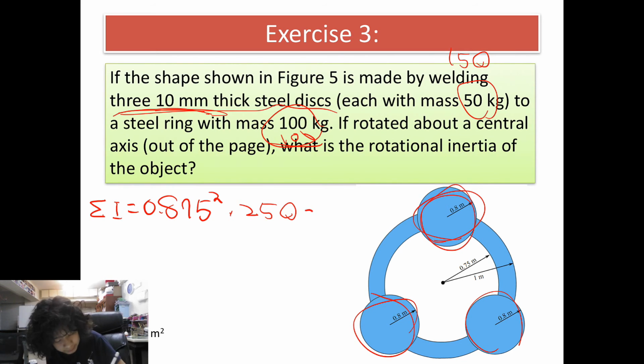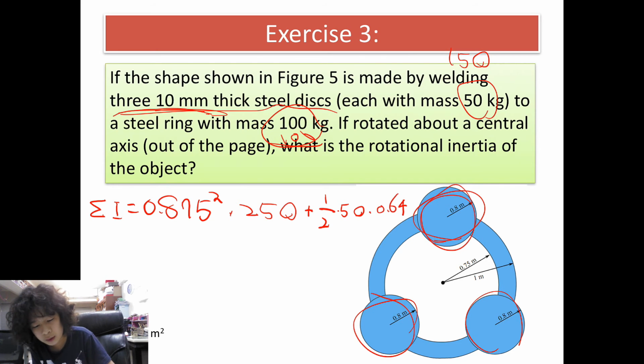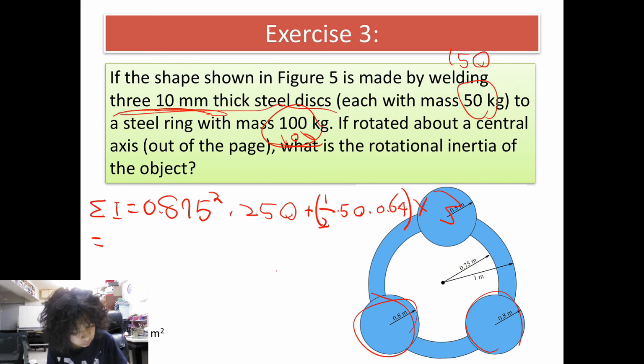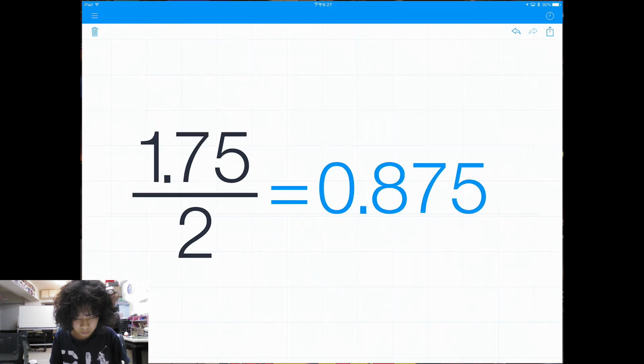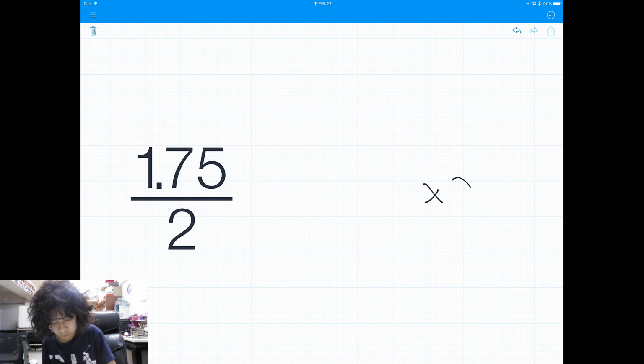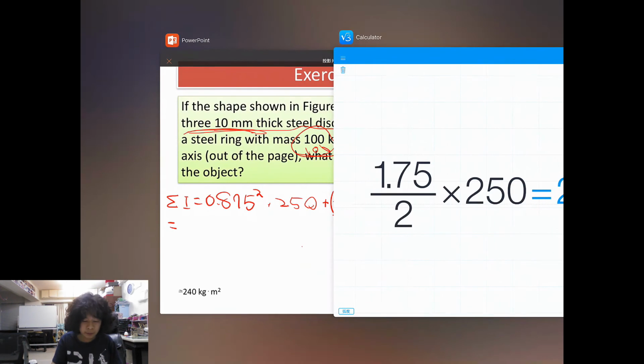So you also have to add the rotational inertia, which equals half of 50 times r squared, with r about 0.8, and this whole thing times 3, plus the first term times 250.